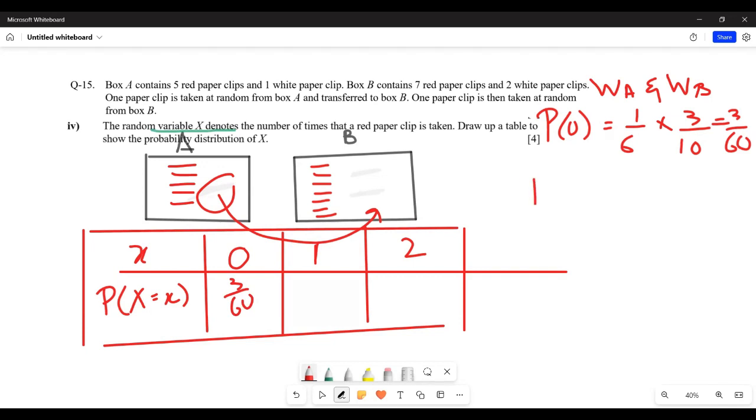Now we're going to find the probability that only one box contains or had a red paper clip drawn from it.